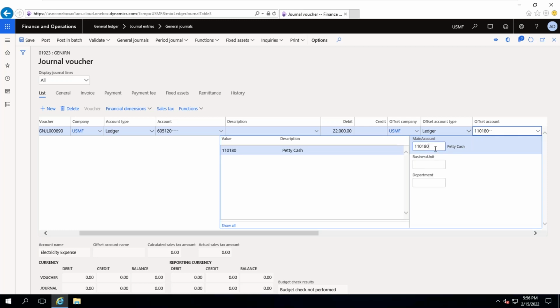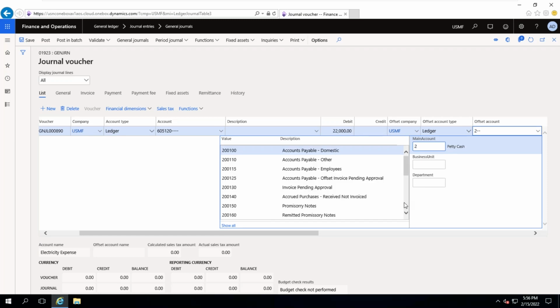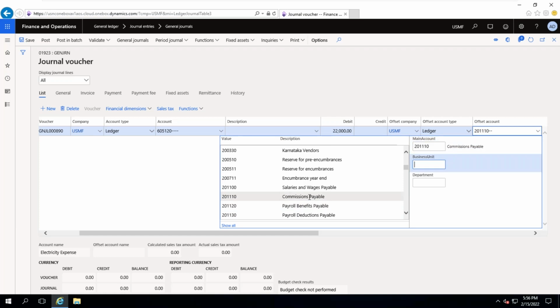I'm just booking it as a provision. So in the series, a liability account will be there for provisional or payable entries. Suppose this is the electricity payable account. Like this we can select.